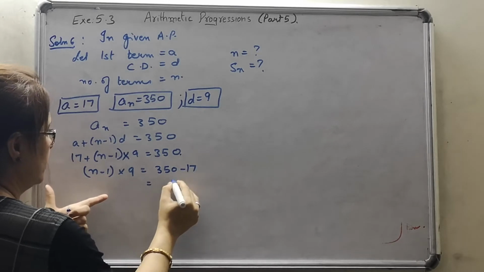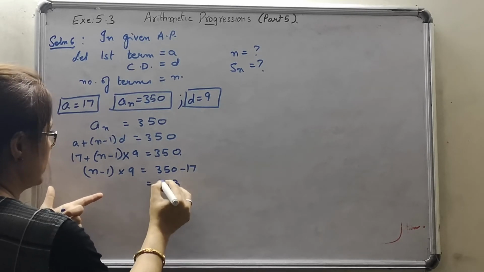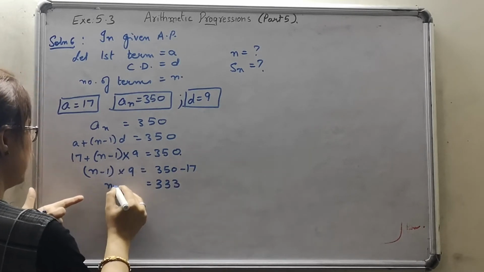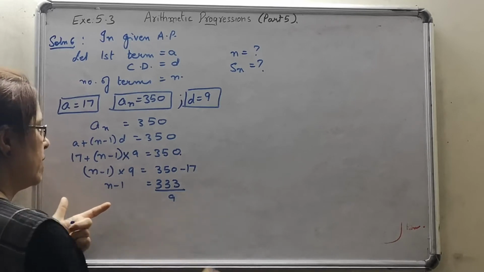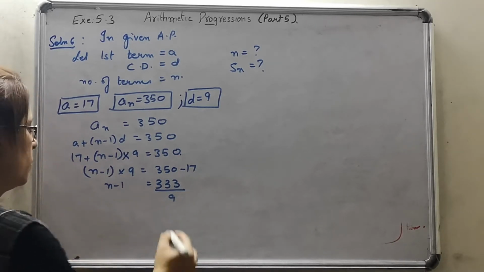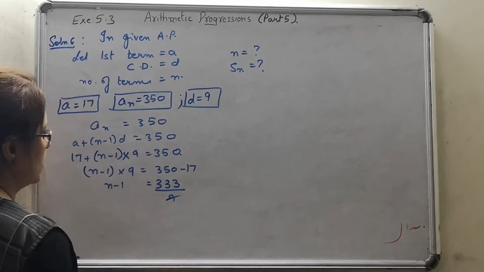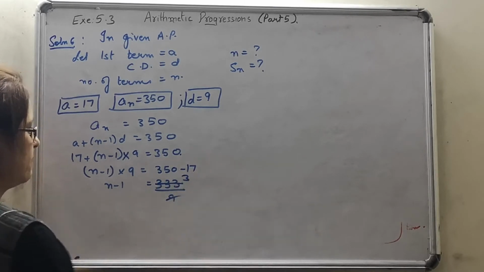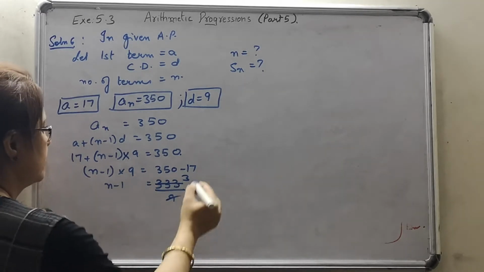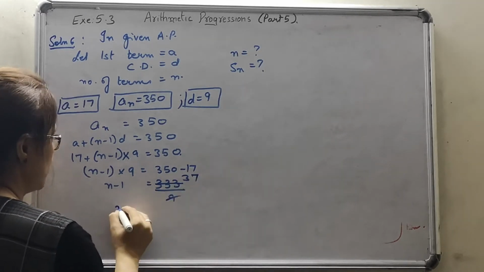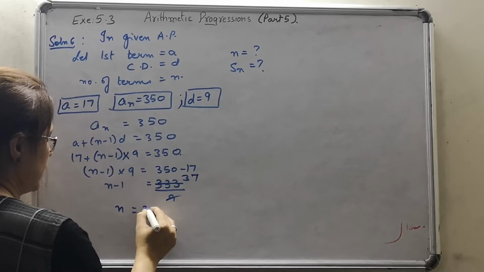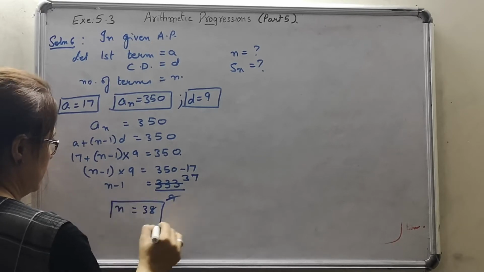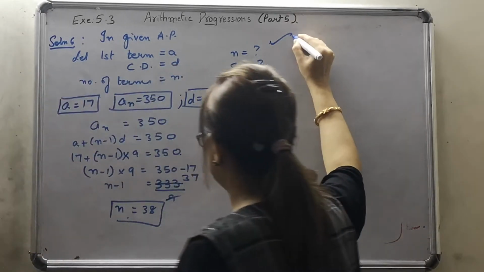So what do we get? 10 minus 7 is 3, 4 minus 1 is also 3, 333. So n minus 1 is equal to 333 upon 9. What do we get? 9 3s are 27, so 9 7s are 63. So n is equal to 37 plus 1. That is 38. We got the value of n as 38.